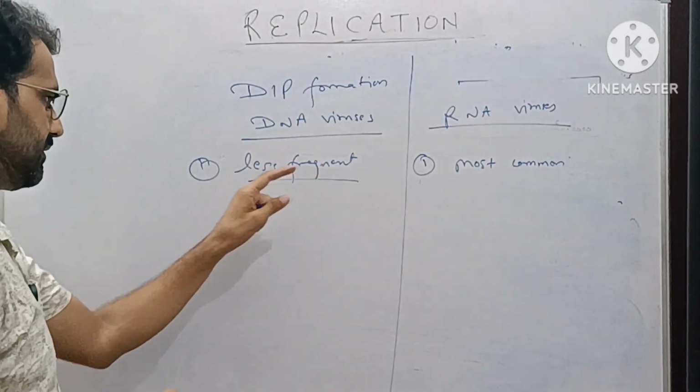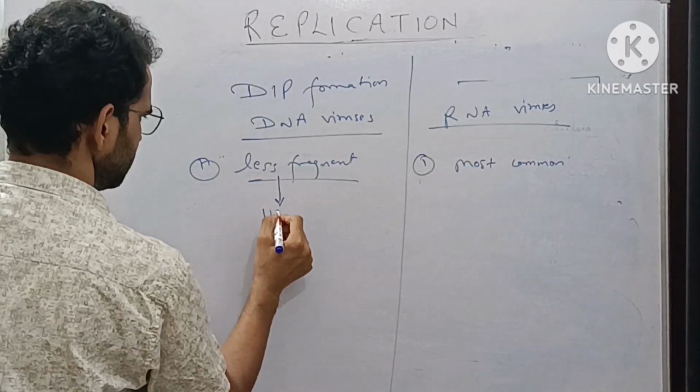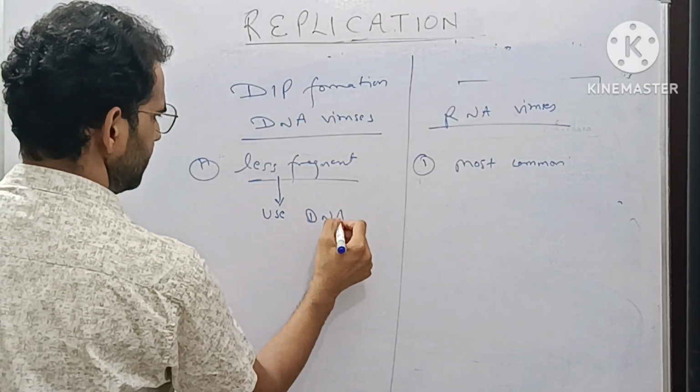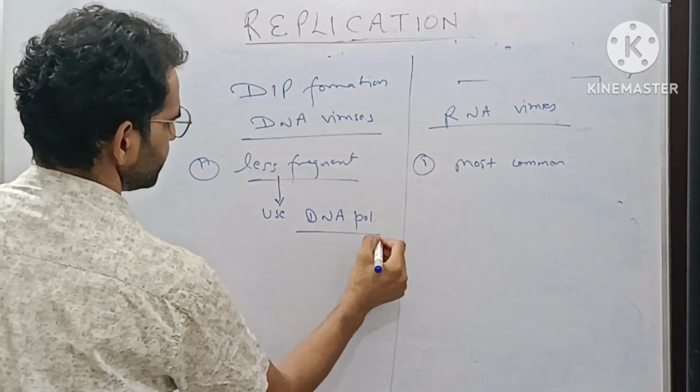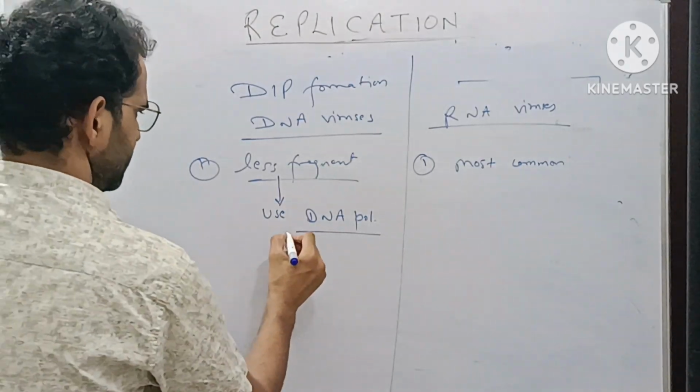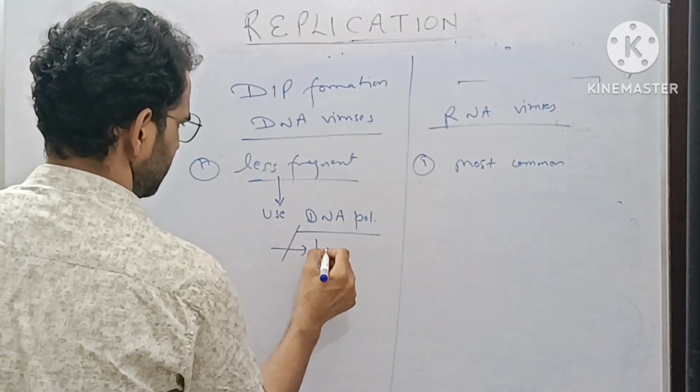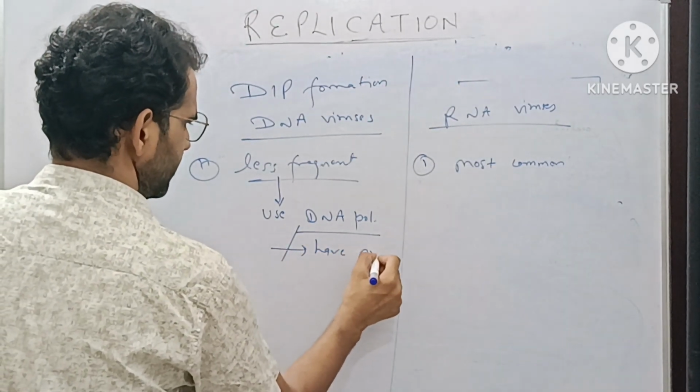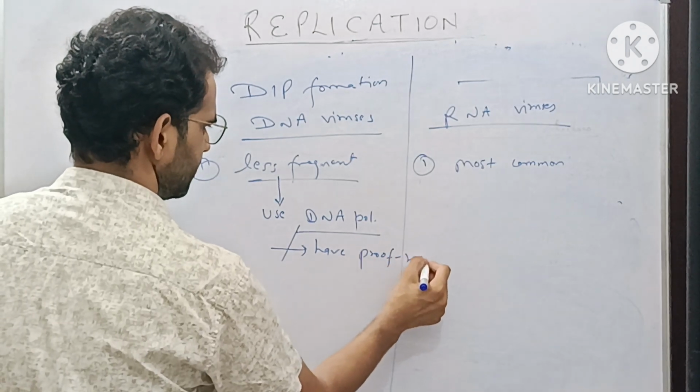Why is it less frequent in DNA viruses? Because they use DNA polymerase enzyme, which has proofreading activity.